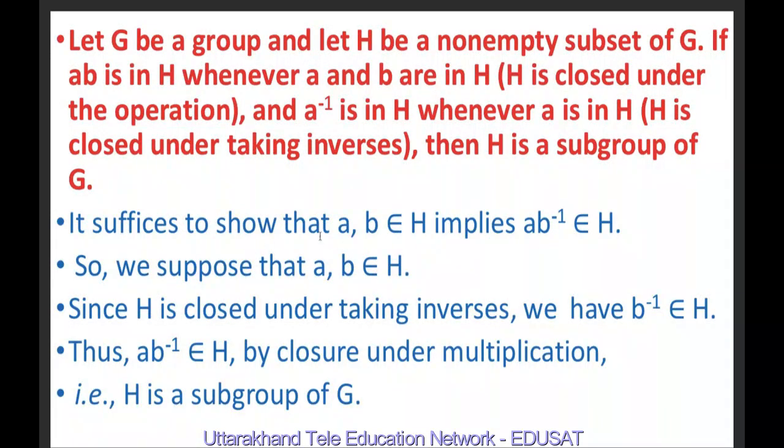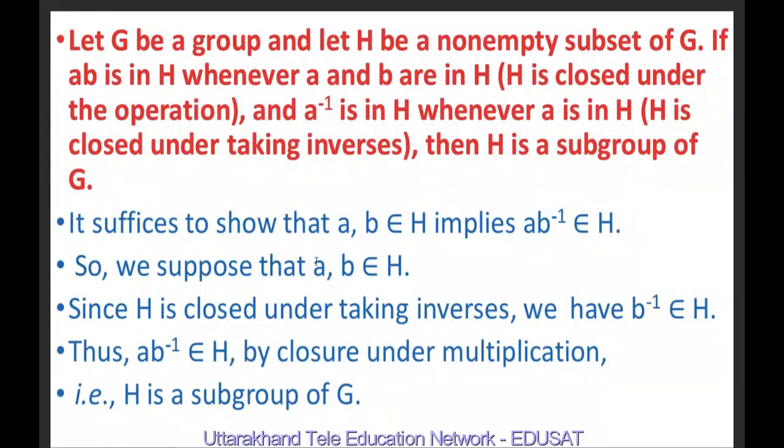So it suffices to show that a, b belonging to H implies a b inverse belongs to H. So we suppose that a and b belong to H. Since H is closed under taking inverses, therefore b inverse belongs to H. Because b is in H, b inverse also belongs to H. We are given that H is closed under taking inverses.